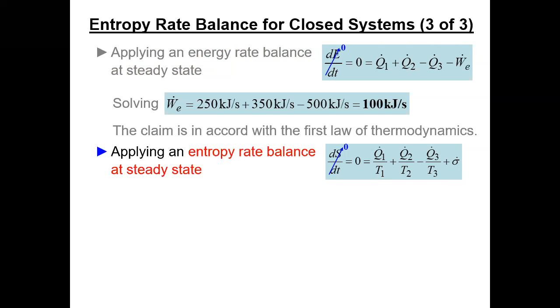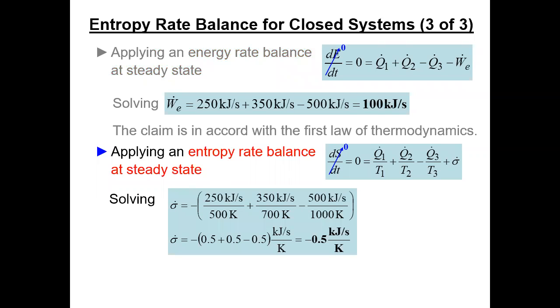It's Q dot, the rate at 1 divided by the temperature at 1, plus the rate at 2 divided by the temperature at 2, and minus the rate at 3 divided by the temperature at 3, because that one's leaving, so he's incorporating that minus sign. Plus the production term has to equal 0, and that's because it's steady state.